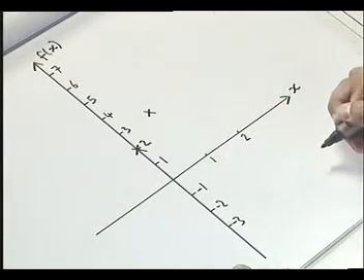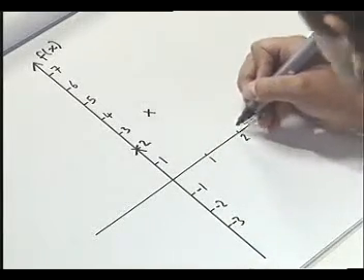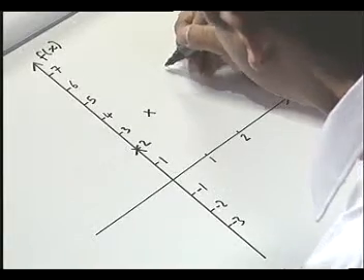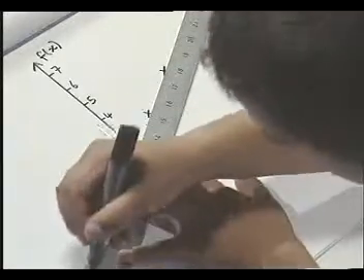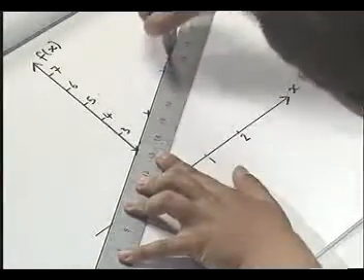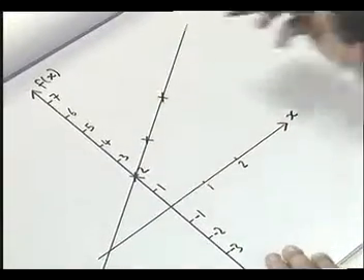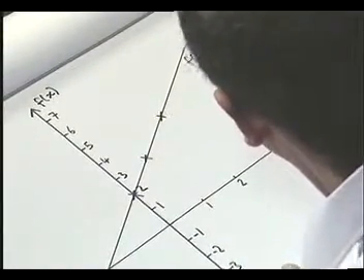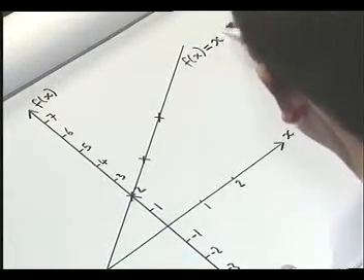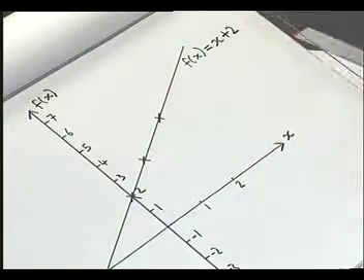Our third point was at 2, 4. And when we join this up, we expect a straight line. We can label this f of x equals x plus 2.